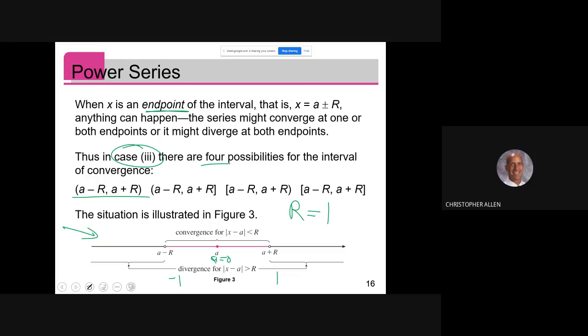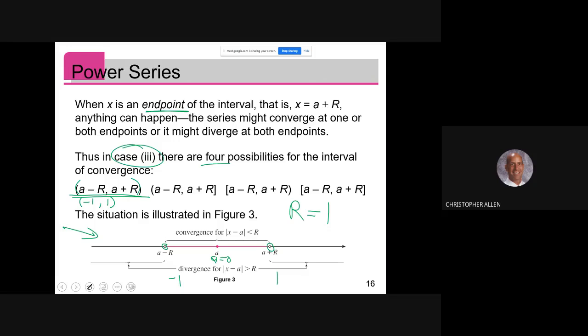Let's go through them. Case 1, it could be that the power series diverges at both negative 1 and 1. In other words, you would have an open set of parentheses, so negative 1 to 1, excluding the negative 1 and 1.